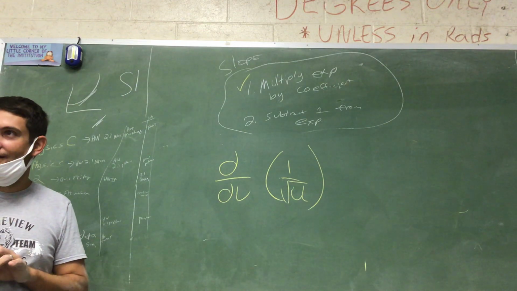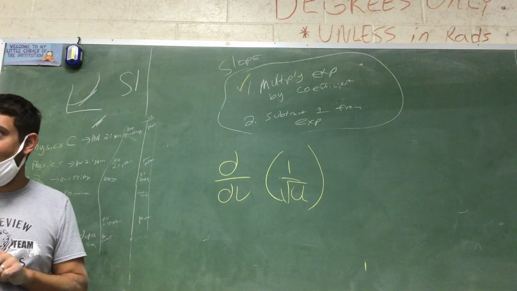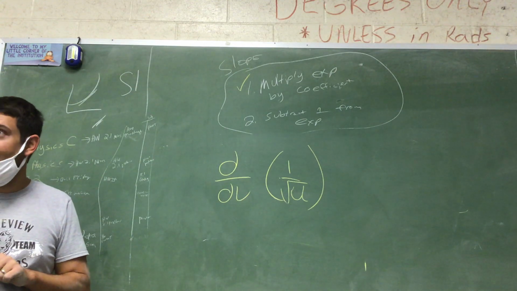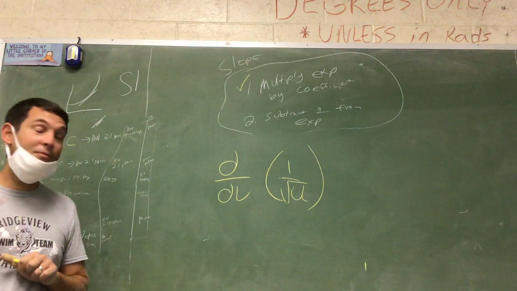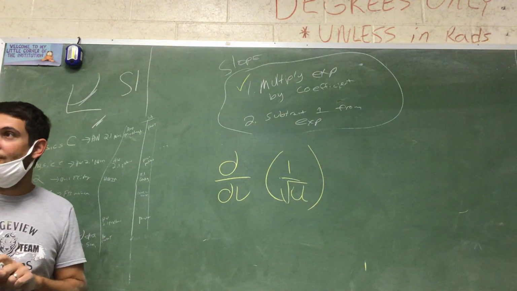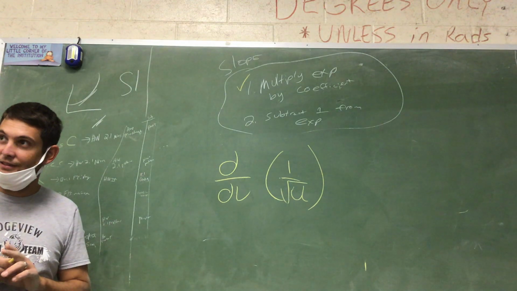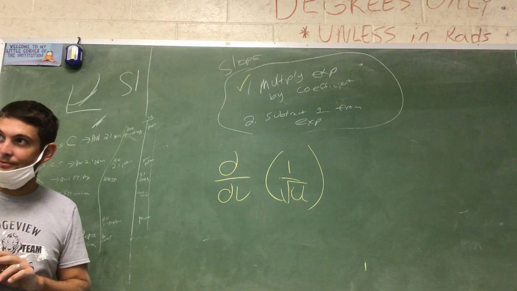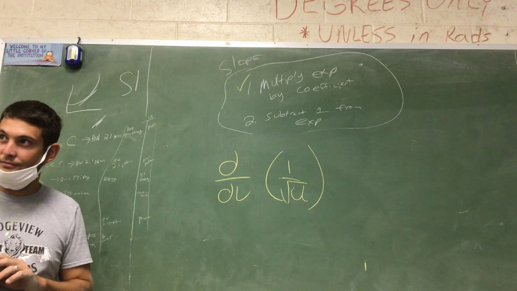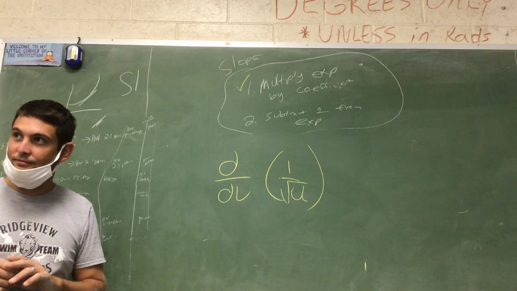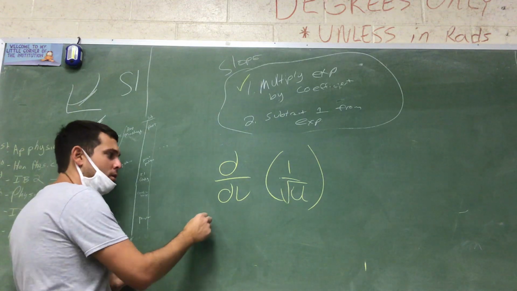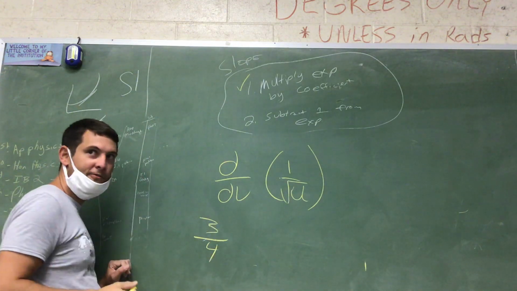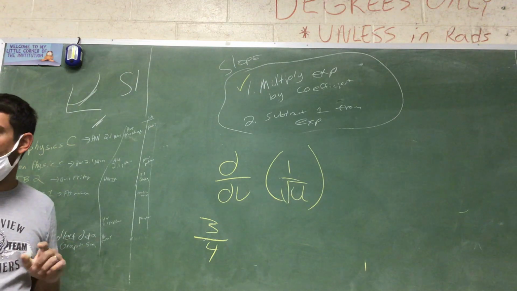Multiply by reciprocal. Keep going. Give me one step. What do I do? If I were to have 3 over 4, how do I get rid of that fraction?